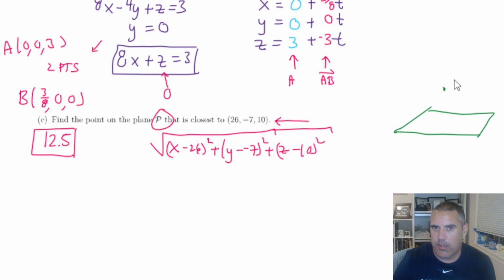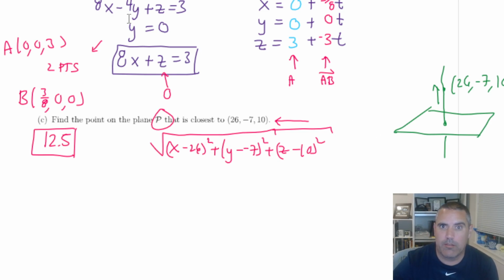I have a point out here, 26, -7. I would like to go walk and find the point that's closest. Well, I actually can find the equation of that line essentially without much work at all because I have the equation of the plane. So I'm basically giving a third option here.